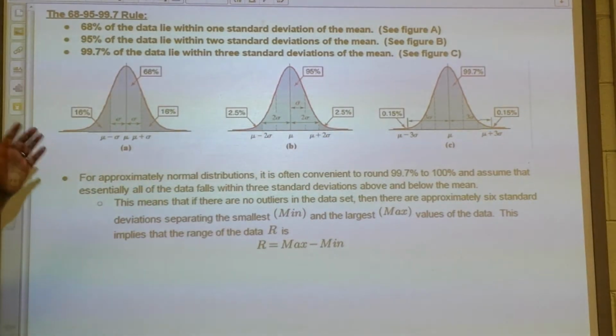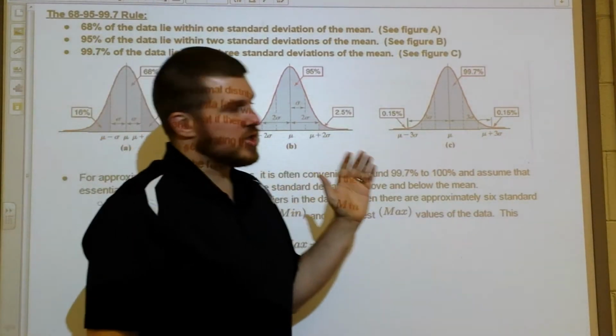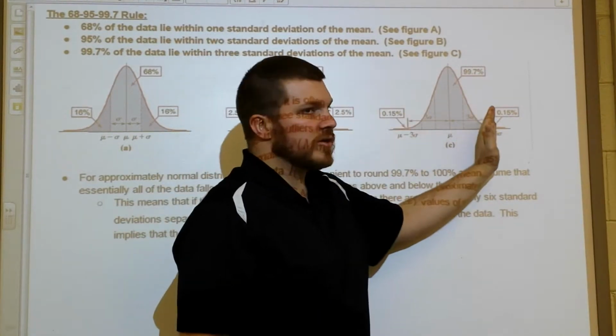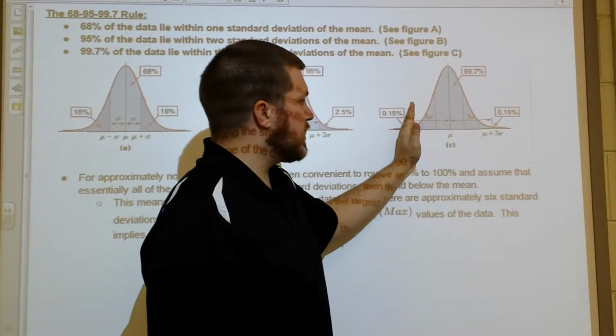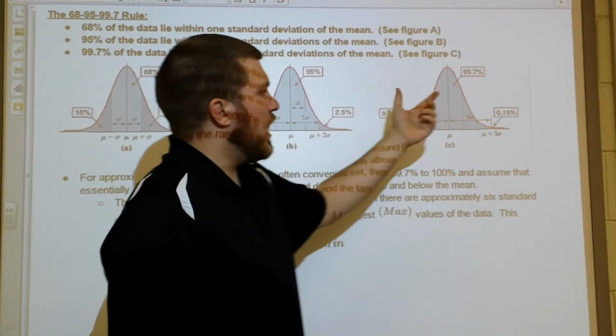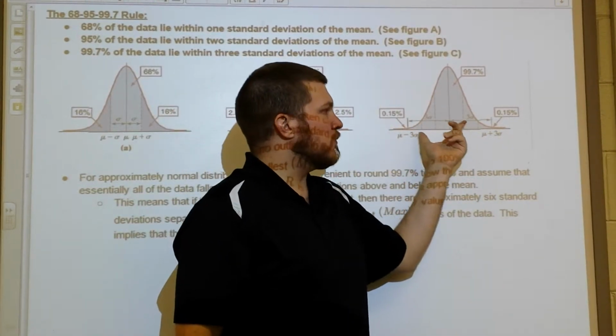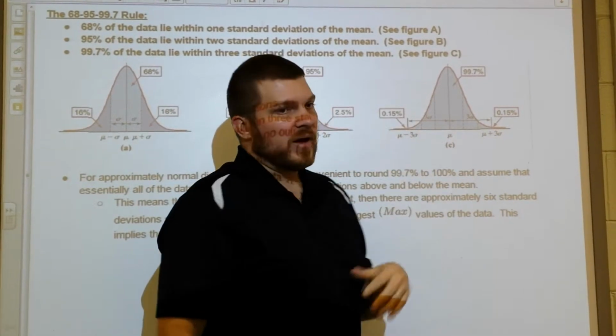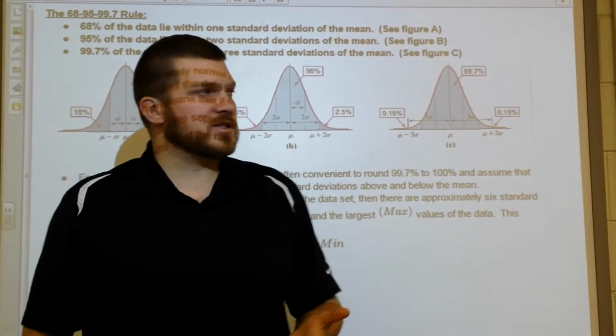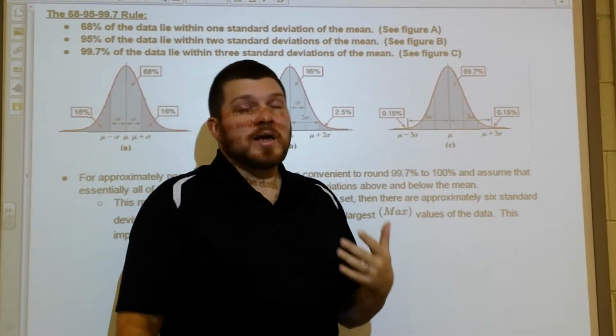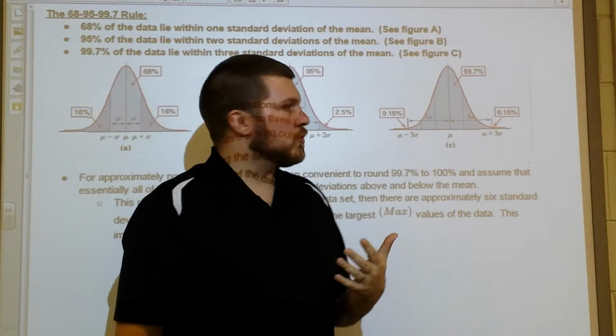And then finally, if we go out even farther, if we go 3 standard deviations above the mean and 3 standard deviations below the mean, we have 99.7% of all data values. Now, for convenience's sake, 99.7% is pretty close to 100%.